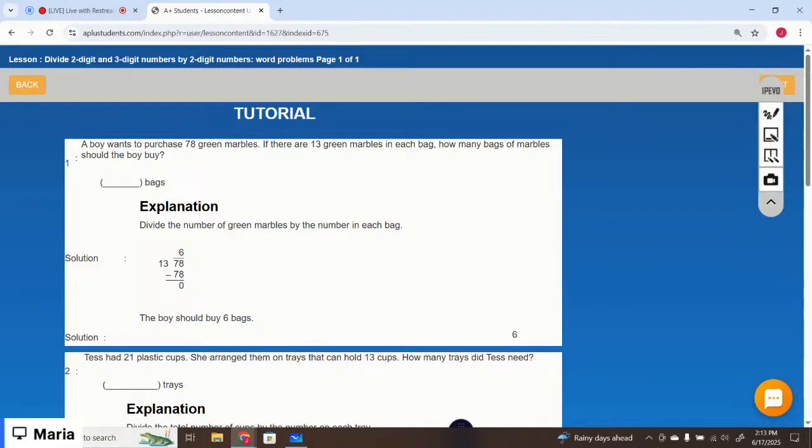13 times 6 is 78, we have the remainder 0. So the correct option is 6. Okay, you can complete the lesson by yourself for today.